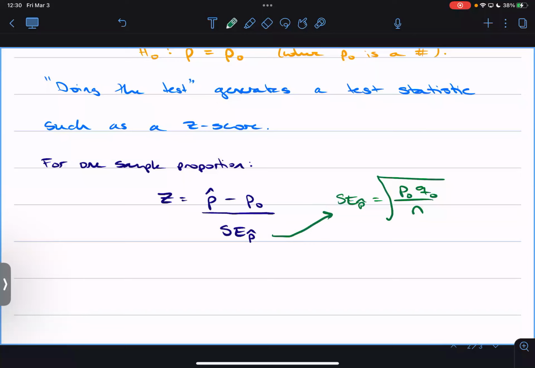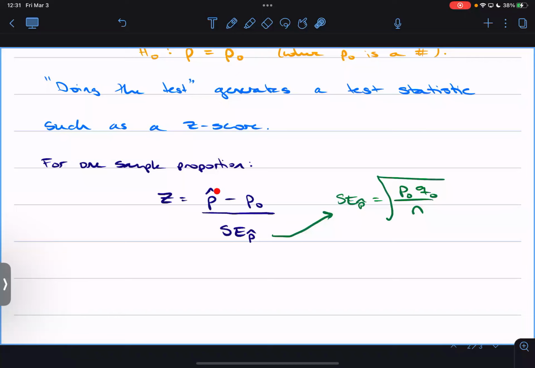Say that again, sorry. The P hat becomes P naught in the standard error, and the Q hat by Q naught, and we input that P naught into the P hat in that Z score.